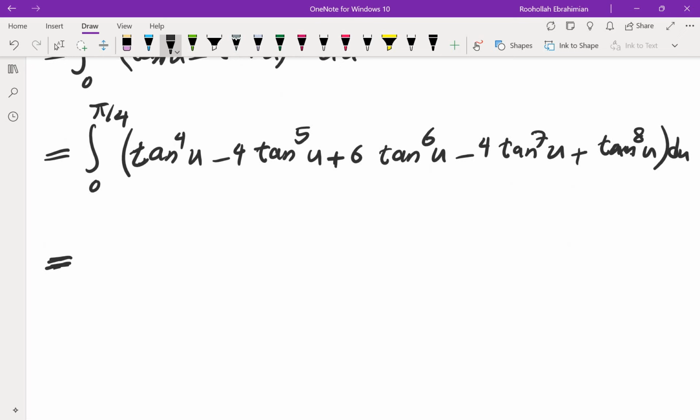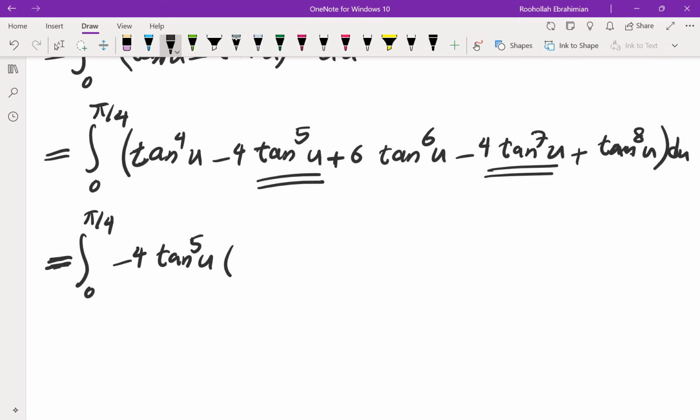Now notice that the derivative of tan of u is 1 plus tan squared. So I can take this term and this term and factor out negative 4 tan to the power of 5, and I'm left with 1 plus tan squared.